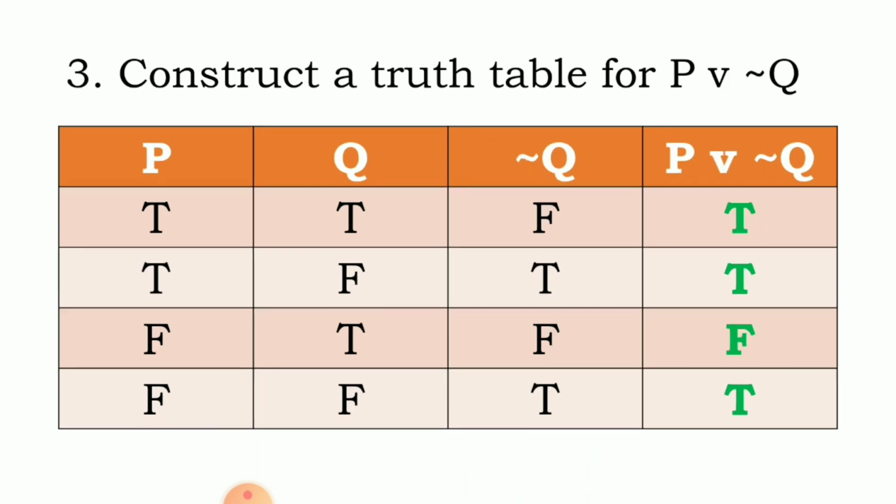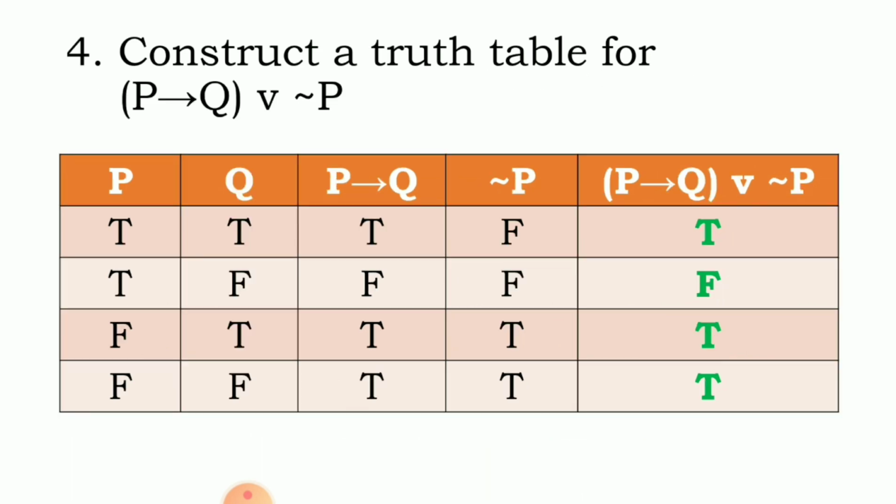Next, we have the truth table for P or negation of Q. So we have true, true, false, true. So this is also another contingency. Next, we have the quantity if P, then Q, or negation of P. We have true, false, true, true.